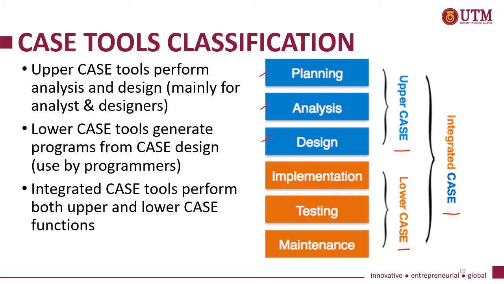The upper CASE tools perform analysis and design and are mainly for analysts and designers. For lower CASE, we have implementation, testing, and maintenance. Lower CASE tools generate programs from CASE design and are mainly used by programmers. Integrated CASE performs both upper and lower CASE functions.